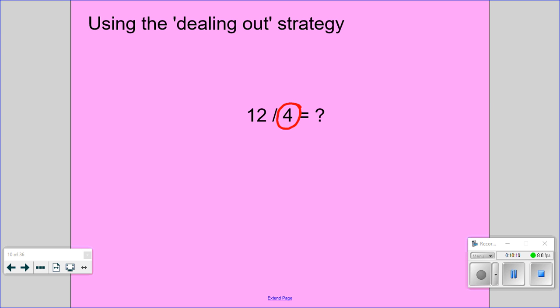Think about what we just talked about as to what that 4 means. Brinley? Because it's how many groups you split it into. Yes, that number tells me the number of groups. That number is 4. That means I need 4 groups.